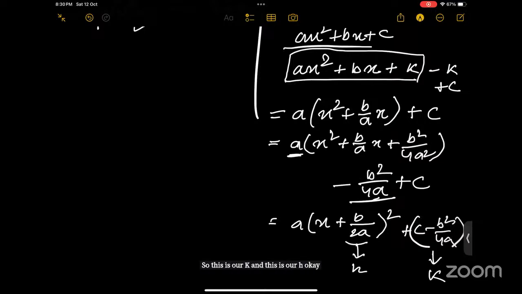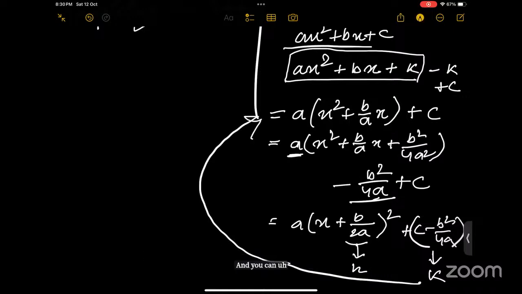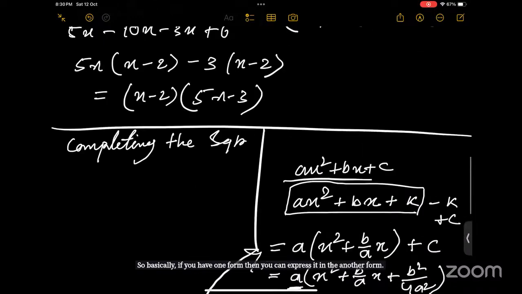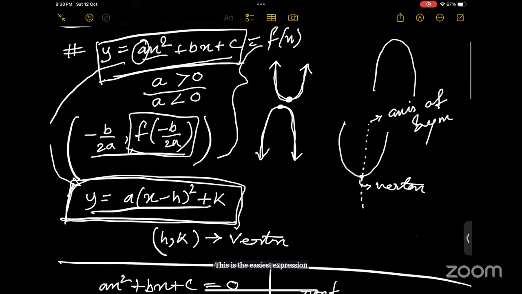Similarly, if you have the equation in this form, you can expand the square and express it in the standard form. Basically, if you have one form, you can express it in another form. This is the easiest expression, and from it you can calculate the vertex more easily.